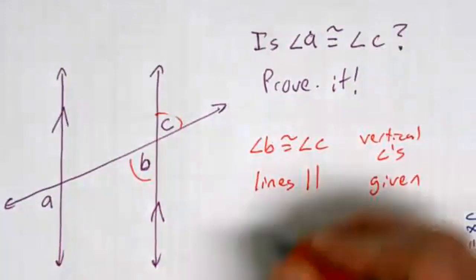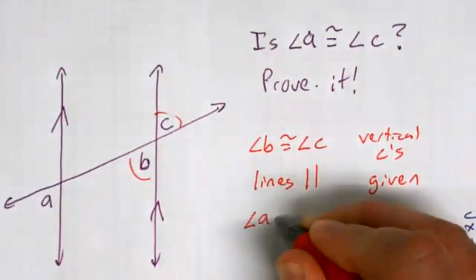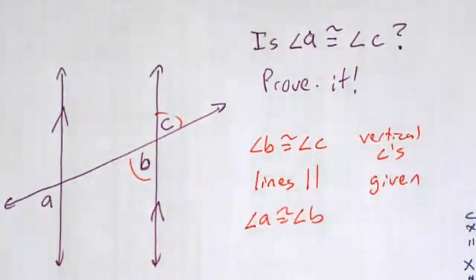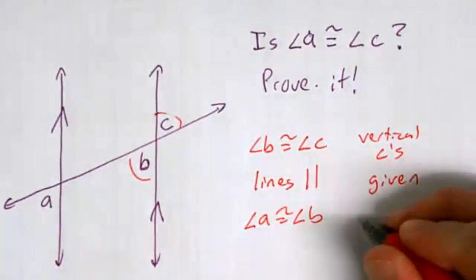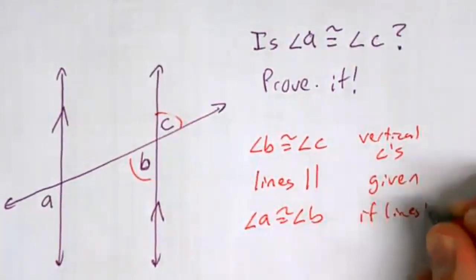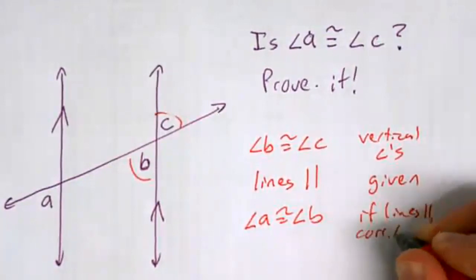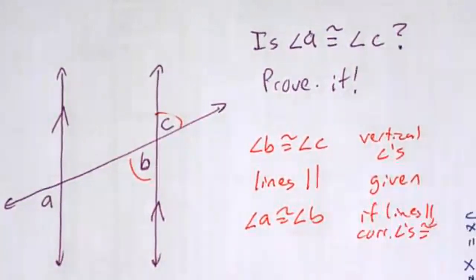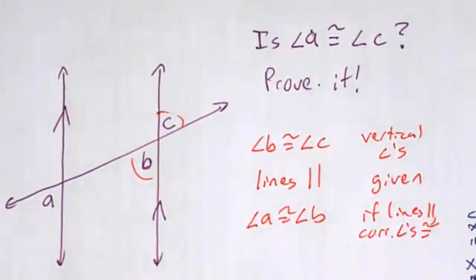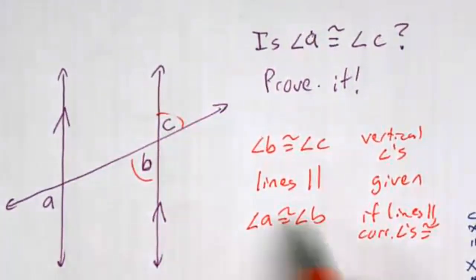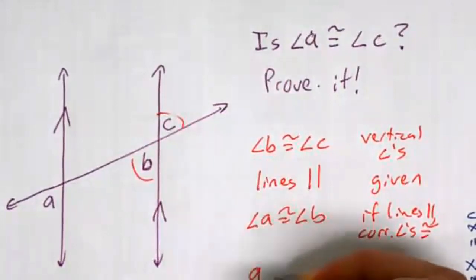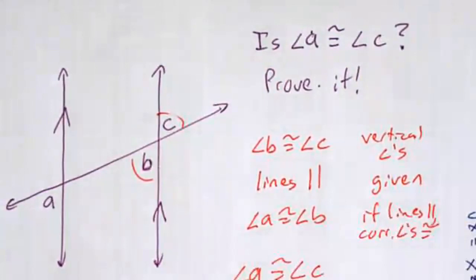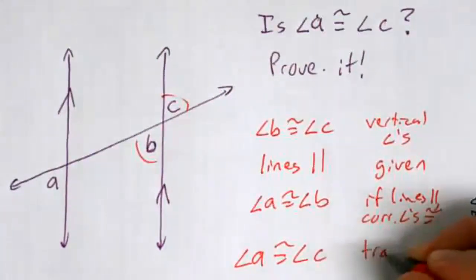And then I could say that angle A is congruent to angle B because if lines are parallel, corresponding angles are congruent. We'll learn all the different shortcuts for writing that out later on. And then finally, if A is equal to B and B is equal to C, that means that A is congruent to C. This is called the transitive property, which we'll talk about later as well.